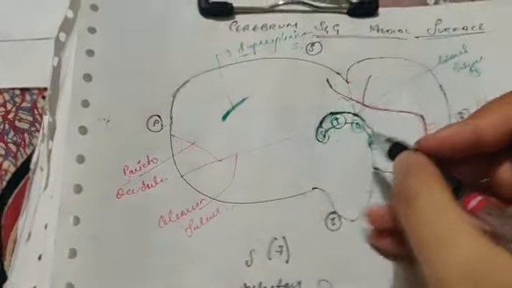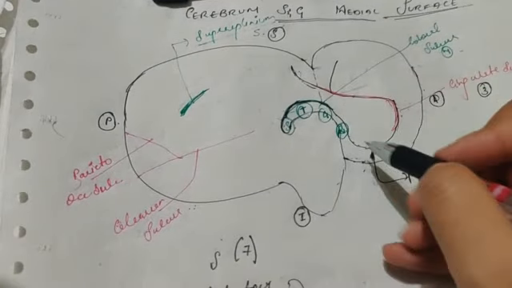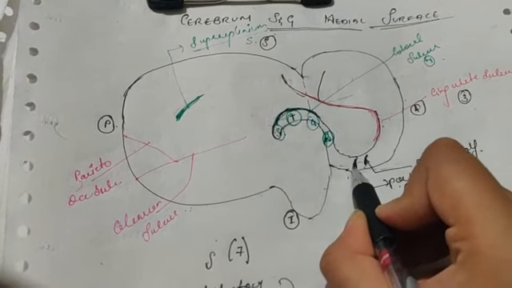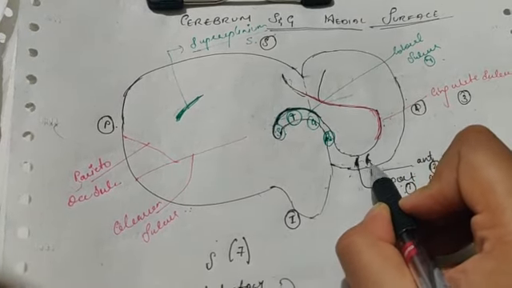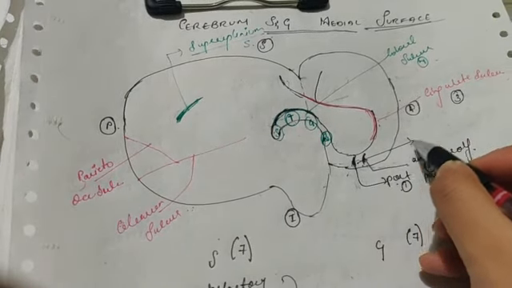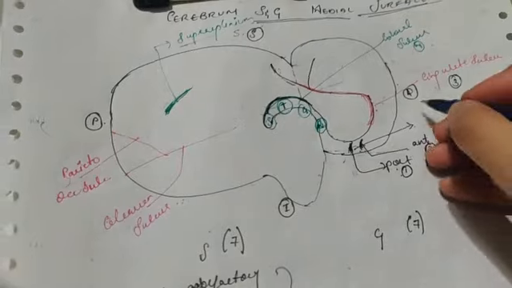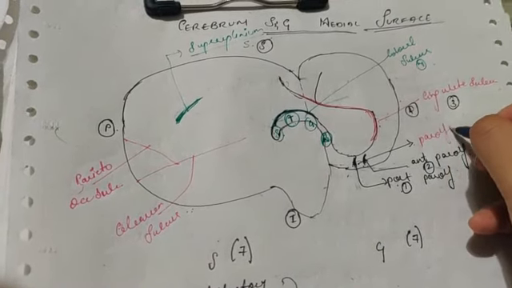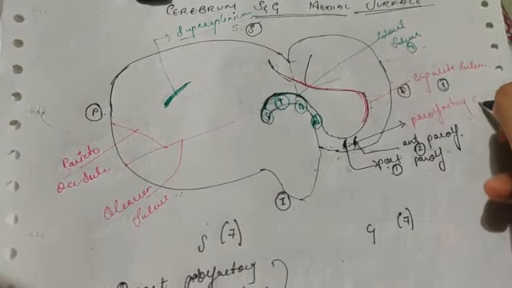Now coming to the gyri. First we'll start with the gyrus between the anterior and posterior parolfactory sulci. I'll write this with pink. This is called the parolfactory gyrus.